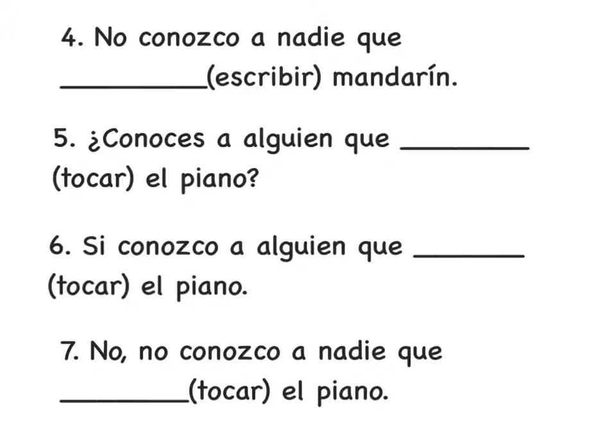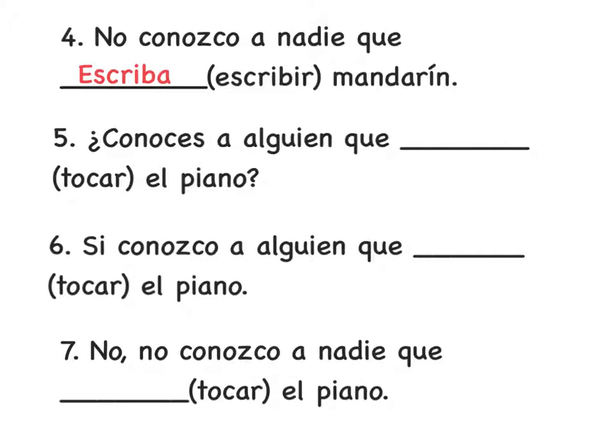Okay, what about number 4? What do you think? Should we use a subjunctive or should we use the indicative? Well, this is easy. Okay. We're going to use the subjunctive.